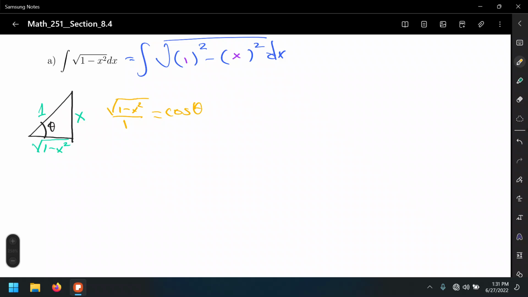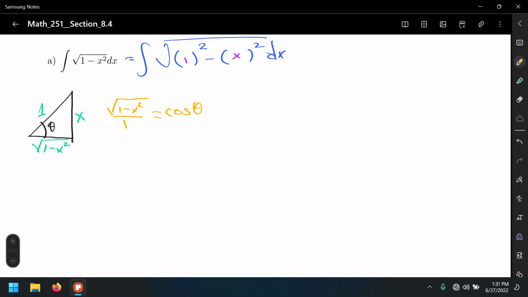All right? Now, we need something else, of course. We need to relate the variable itself, x, as either x over 1 or x over the square root of 1 minus x squared. Which of those two is simpler, x over 1 or x over the radical? X over 1, right? That's the simpler one.